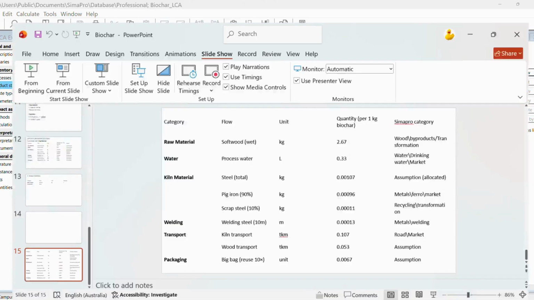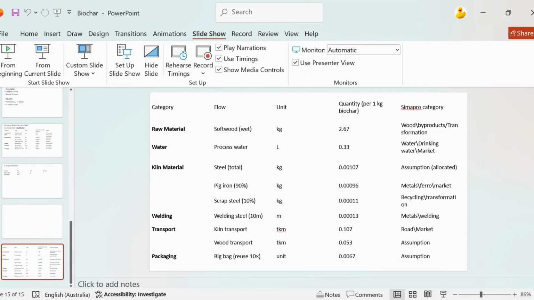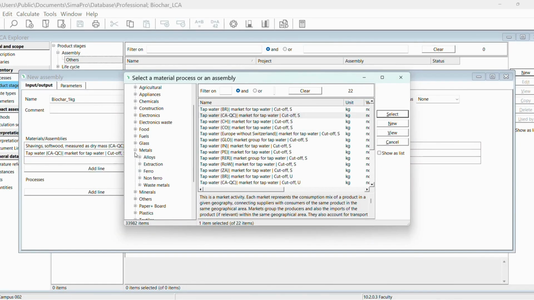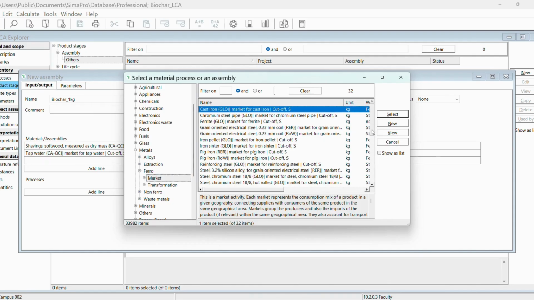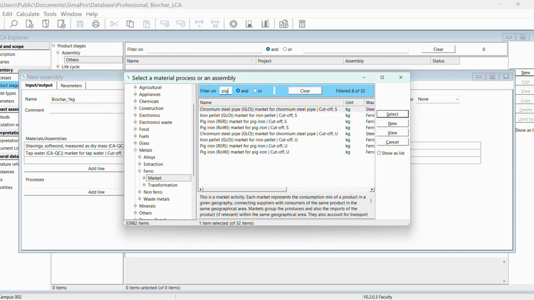Next, now kiln material is steel, so you should explore first pig iron, then scrap steel. For simplicity, we are just going to consider the whole material as steel only. We are not going to use scrap metal here. So let's select pig iron and allocate all the resource to pig iron only. So pig iron, metal ferro, is there, pig iron.